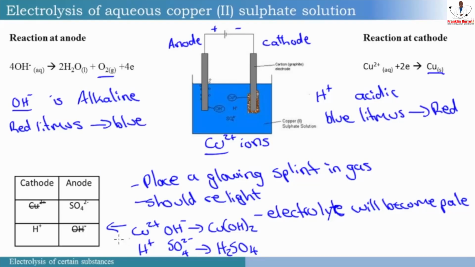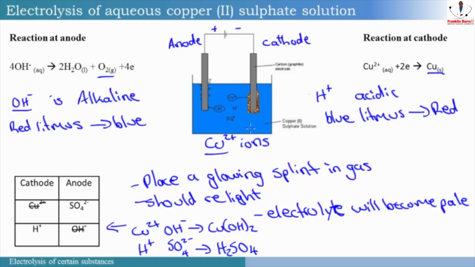So removing Cu2+ and OH minus from the electrolyte, the solution is now less alkaline and more acidic. So the solution will become more acidic because you remove an alkaline solution from it.